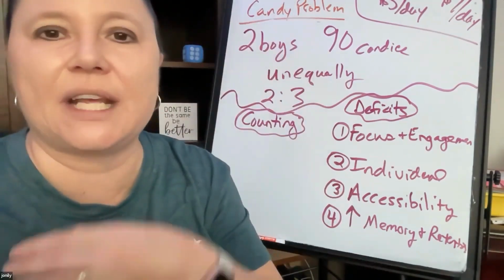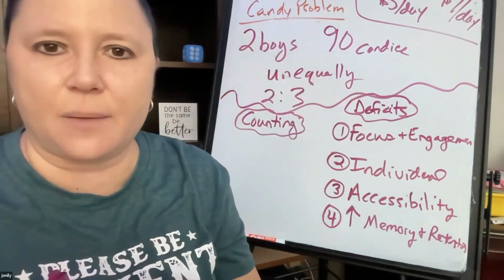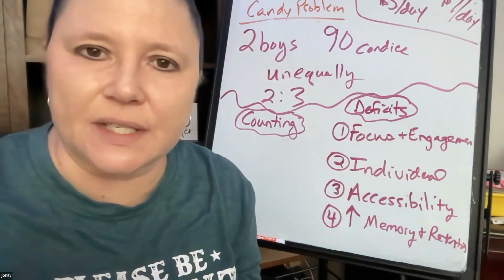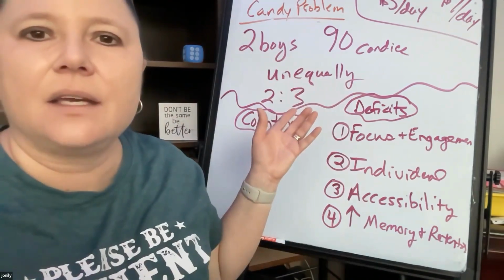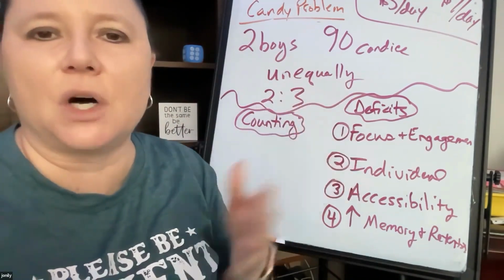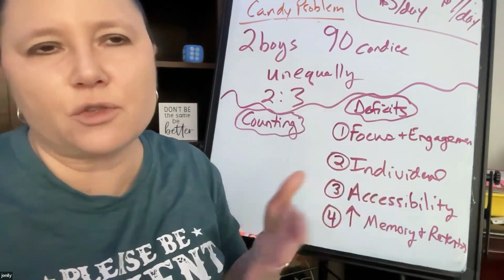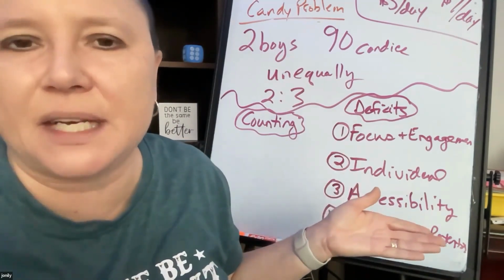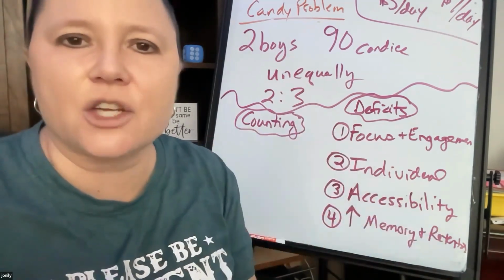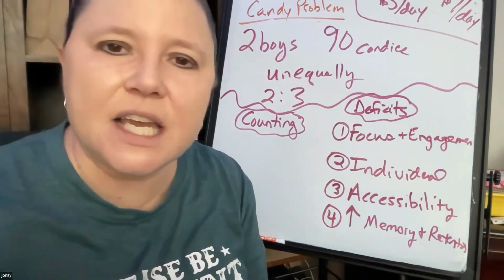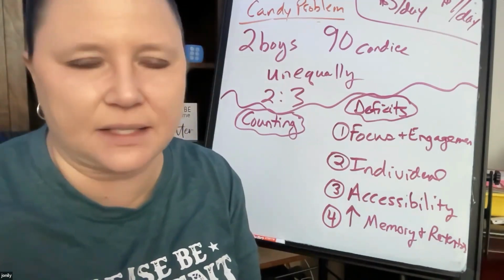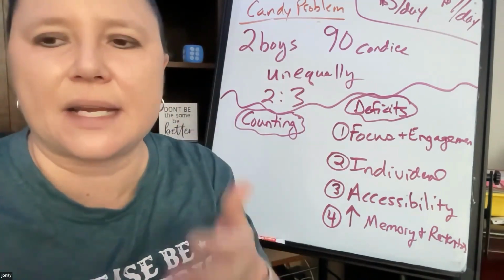If you're watching this recording, this is the module for Candy Problem. In your resources, there is a folder of audio files of me doing Candy Problem in multiple grade levels. So they're 25, 35-minute audios of me actually doing the lesson with actual kids. The facilitation with students is very different than the facilitation that I'm doing right now with you.